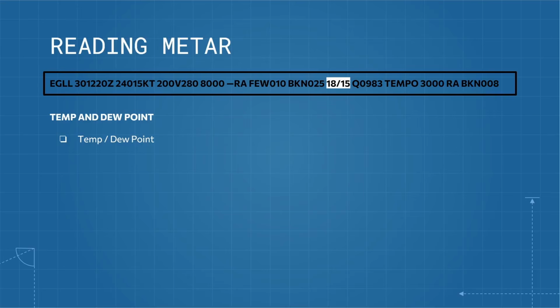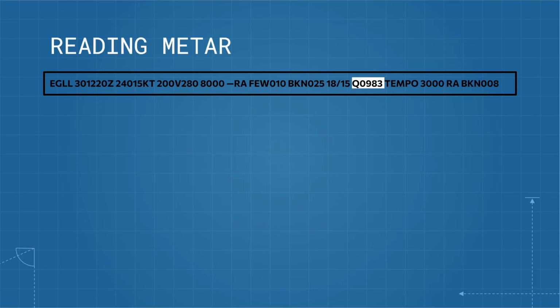So in our example, if the dew point wasn't available, it would appear as 18///. If either value is negative, it is preceded by an M. So M01/02 would indicate a temperature of -1 degree and a dew point of +2 degrees.